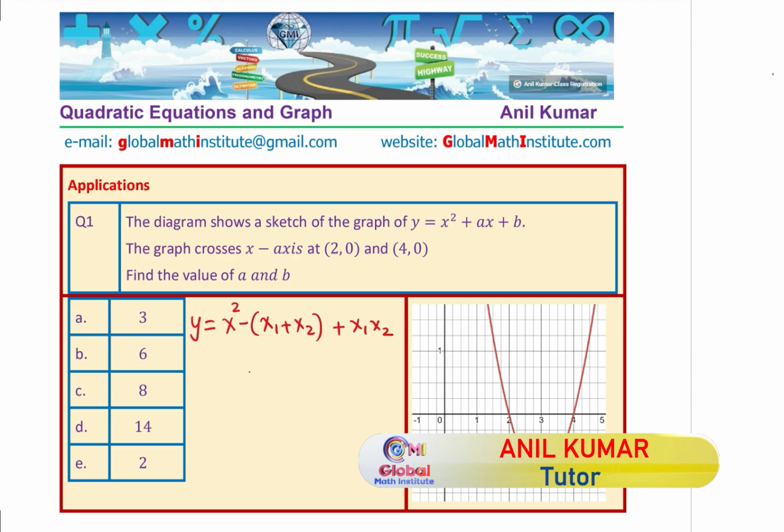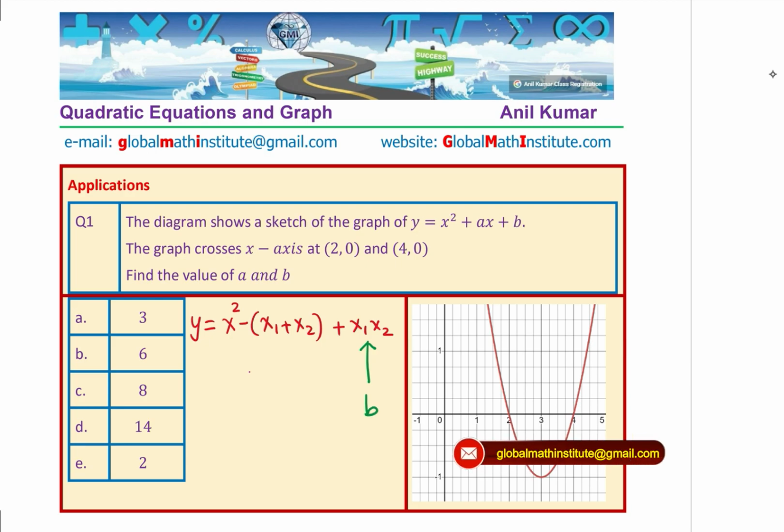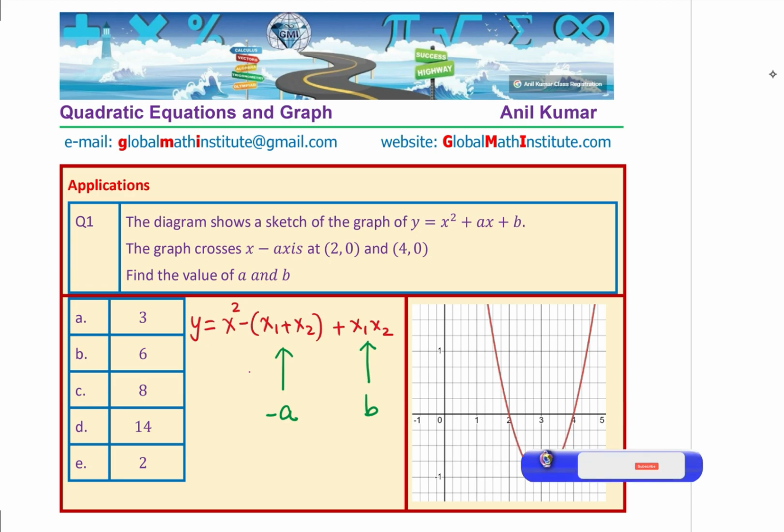So if you write this equation in this fashion, you know this product of root at the end is basically equal to b, right? When you compare, and the sum of root is basically equal to minus of a. So from the sum and product of the roots, you can actually get the answer directly.